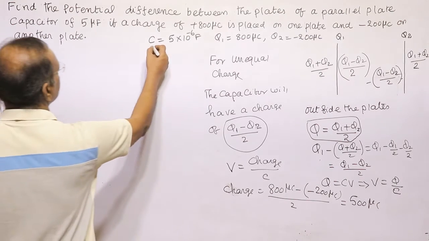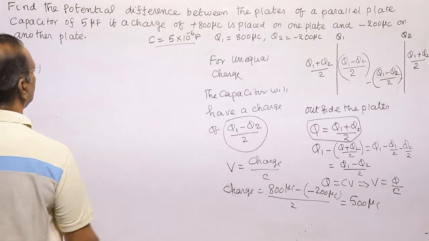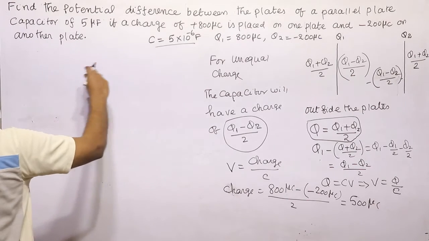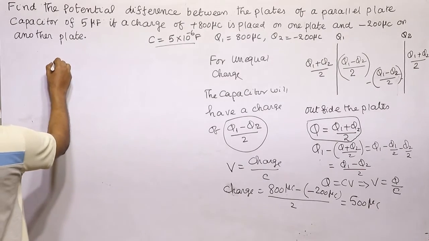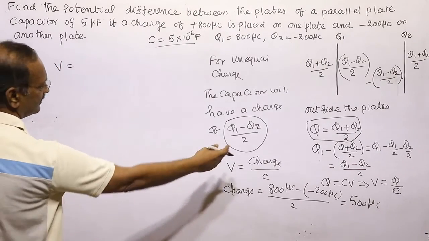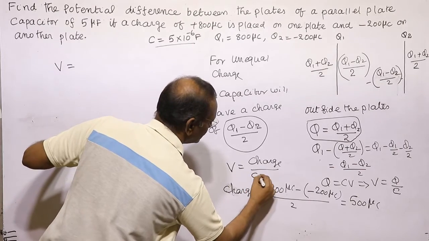How much is the capacitance? So to find the potential difference, it is equal to charge divided by capacitance.